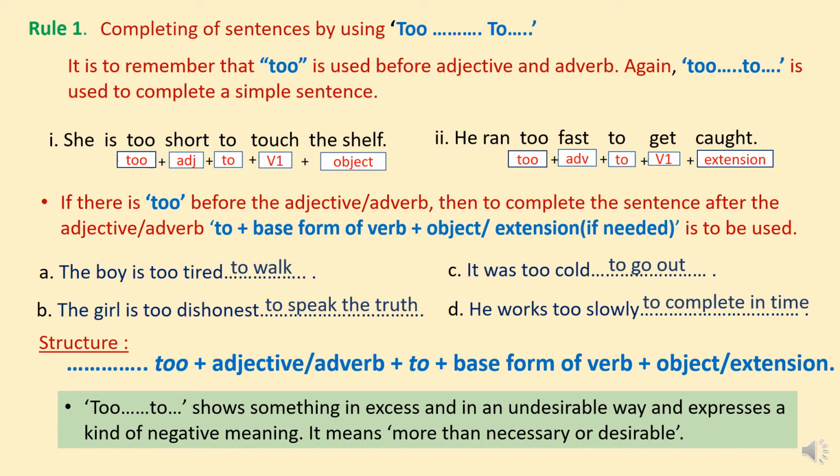It means more than necessary or desirable. Suppose the boy is too tired to work. That means the boy is too much tired. As he was tired, he could not work more. So it is in a negative sense. Hope you have understood.